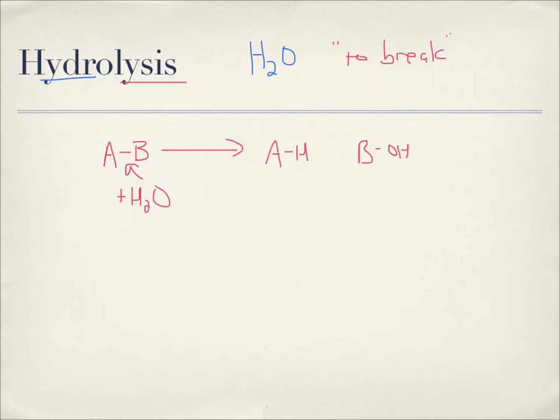If I have like a sucrose molecule, okay, it looks like that. Remember, this is the general formula for glucose, but if I draw it like this, that is a disaccharide.